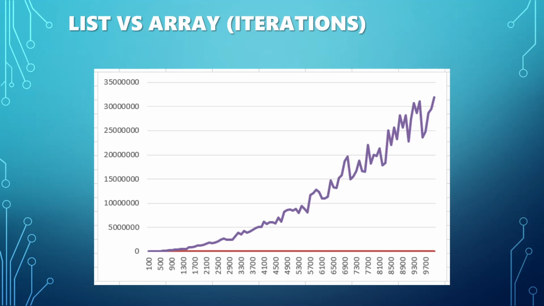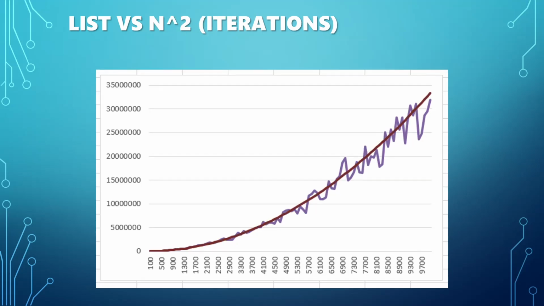Of course, the array implementation doesn't take constant time because it's impossible. So let's divide these graphics. Here's the first. As I said, the list implementation is quite close to n squared. So it means that the time complexity of the list implementation is n squared.